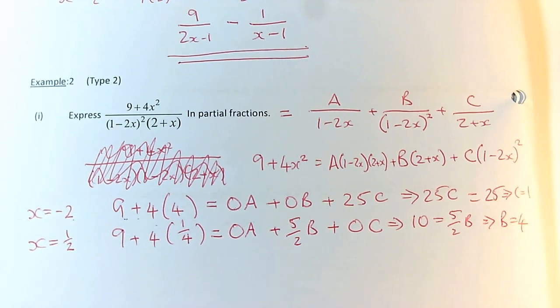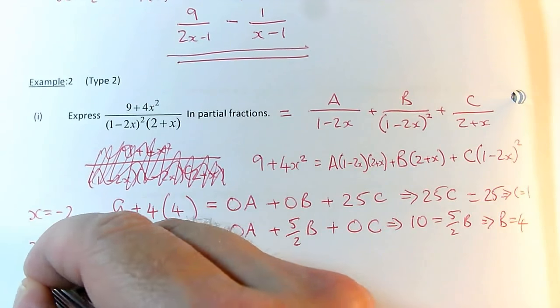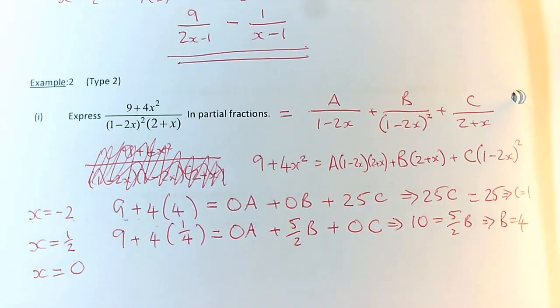So when you run out of smart values of x, you've got to put in the next easiest value of x, and normally the easiest number to substitute into any formula is 0. But I could use 1 here, I could use 7, I could use 162 if I was stupid. It would still work, I'd just have bigger numbers.